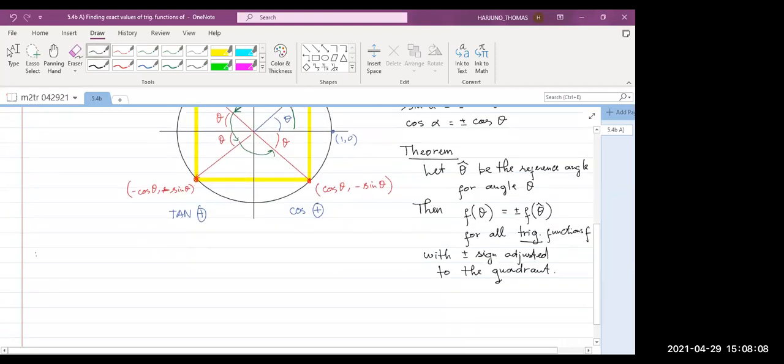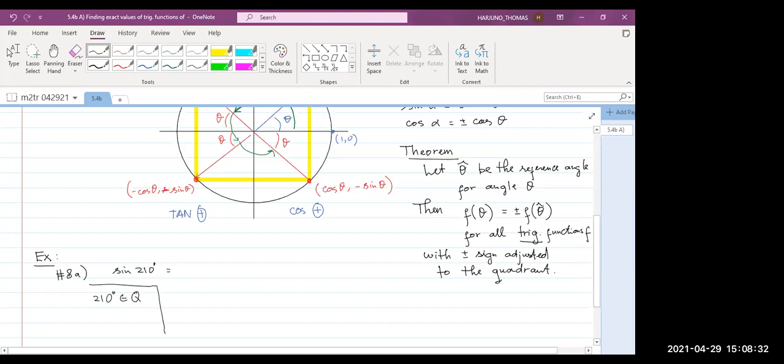Suppose for example number, let's say number 8a. What is sine 210 degrees? So we first think, 210 degrees is in which quadrant?